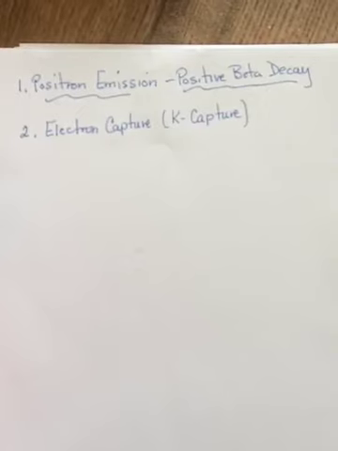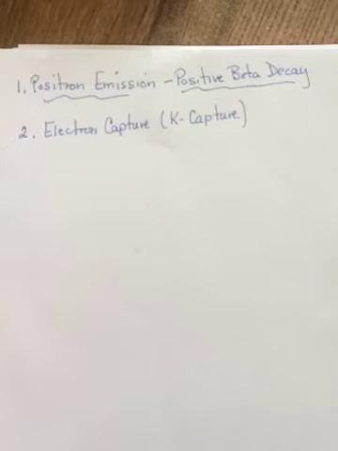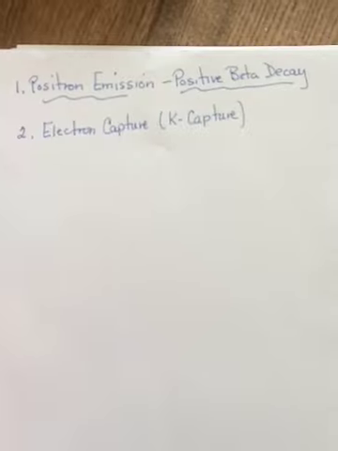Okay, so it's already absorbed that high speed proton or whatever it was, alpha particle that we were shooting at it, and then the nucleus is unstable. Electron capture usually occurs when the nucleus has too many protons relative to the number of neutrons. Okay, so too many protons compared to the number of neutrons, just like the positron emission.